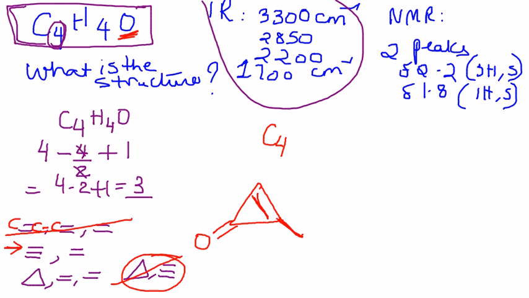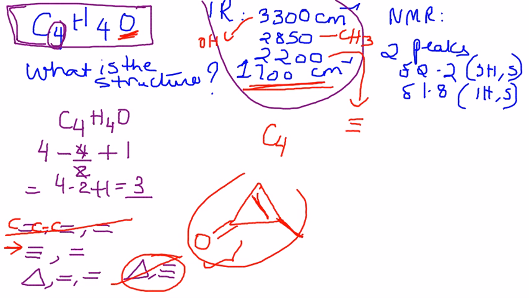But realize what's given in the IR. We do have a 1700, so that fits the C double bond O. But then I have a 2200, and 2200 is reflective of a triple bond. 2850 is reflective of a CH3, and 3300 is reflective of an OH. So I really don't have anything at 1650, 1600 for the double bond, so this cannot be the correct structure, so that too is gone.